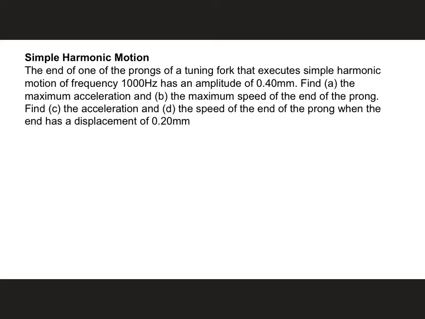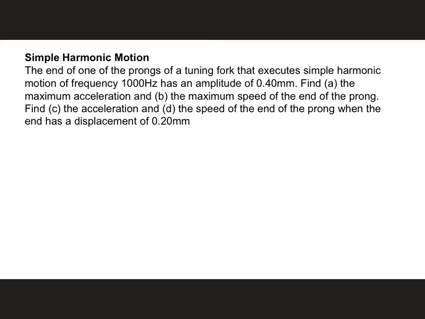So tuning forks, mechanical vibration of metal sticks, if you will, has simple harmonic motion at a frequency of 1,000 hertz, and has an amplitude of 0.4 millimeters. That's really small, less than half a millimeter, but you wouldn't expect the tuning fork to have much more than that.